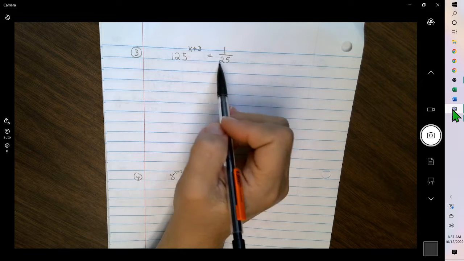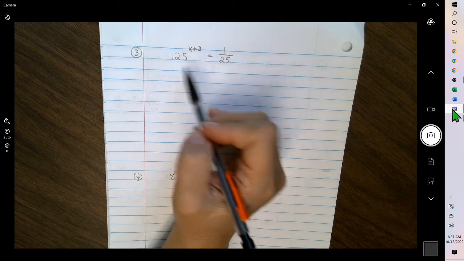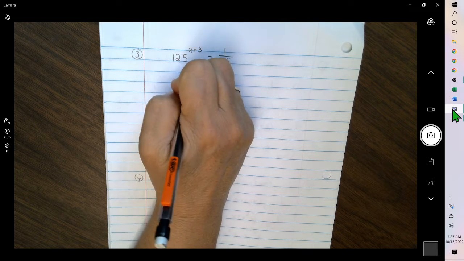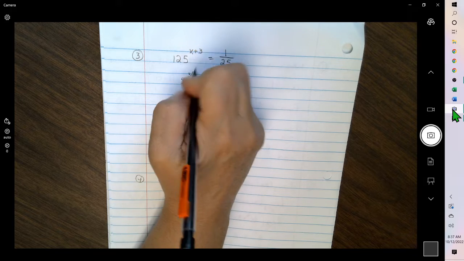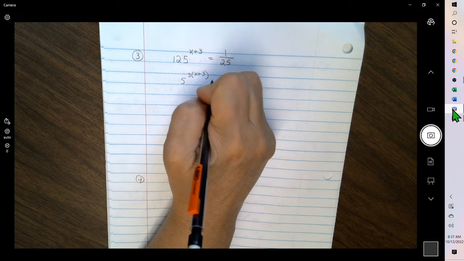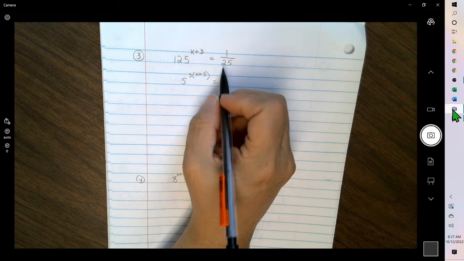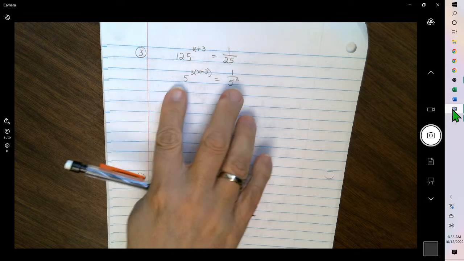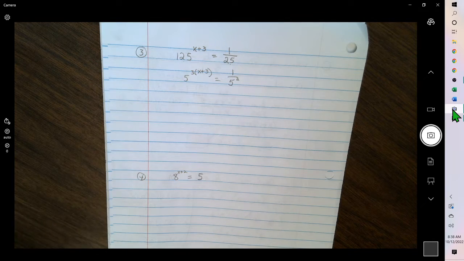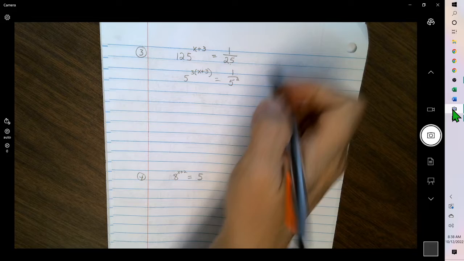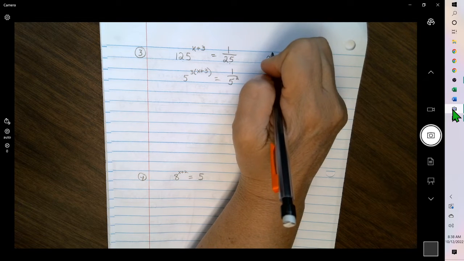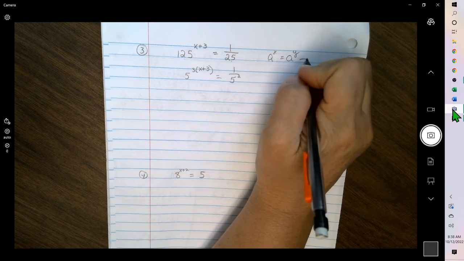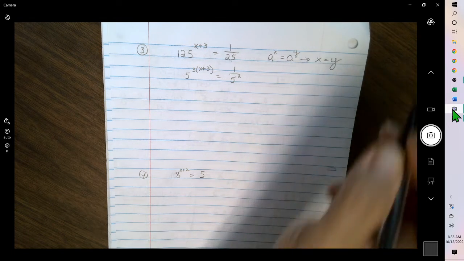This one we could write the same base, because 125 is 5 cubed, and an exponent to an exponent is multiplied. 25 is also 5 to a power, it's 5 squared. So if you can get them as the same base, then you can set the exponents equal. Now, that's because when you have the same base, x equals y.